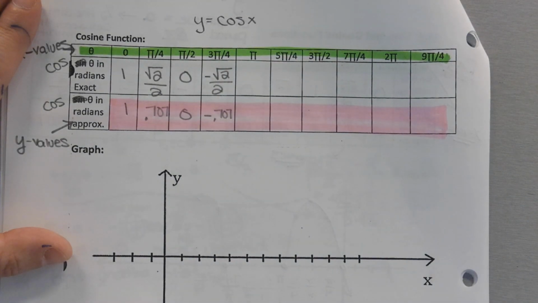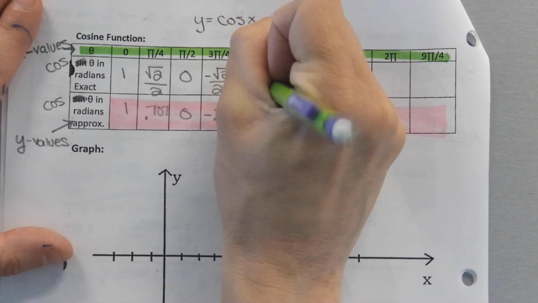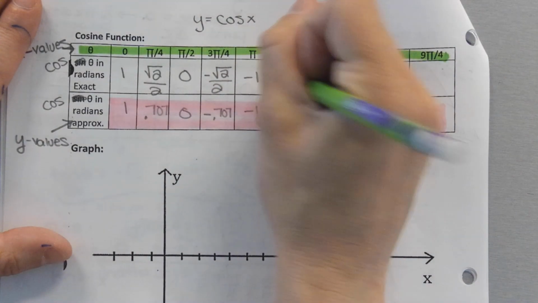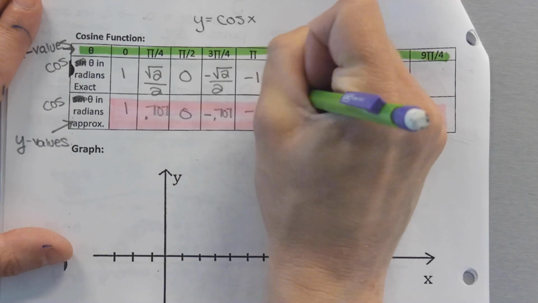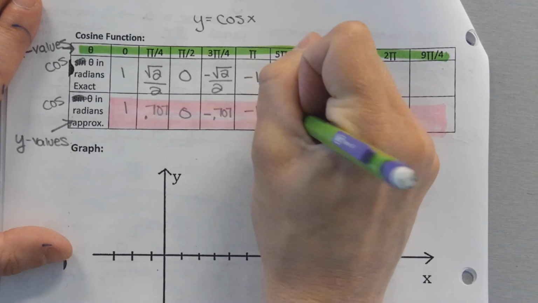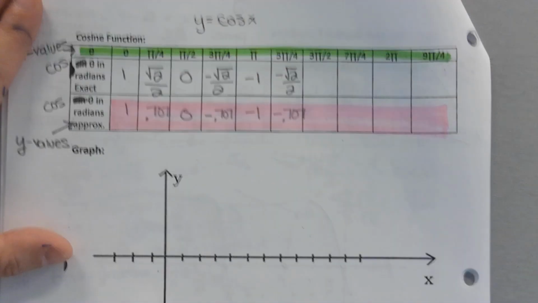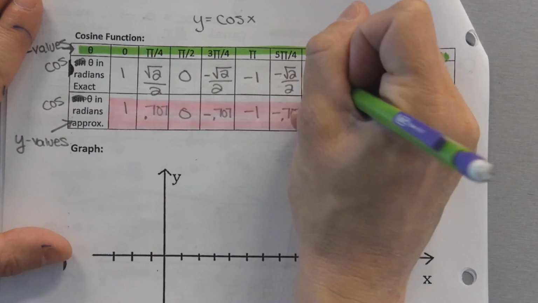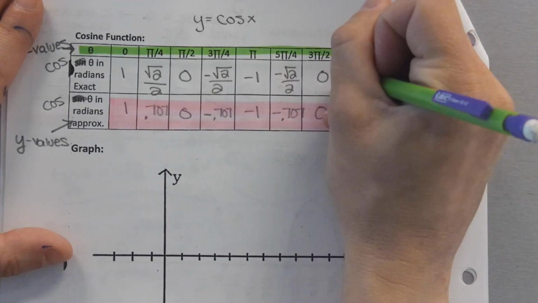What about pi? What's my cosine? Negative 1. 5 pi over 4. Negative root 2 over 2 again. 3 pi over 2. 0. 7 pi over 4.